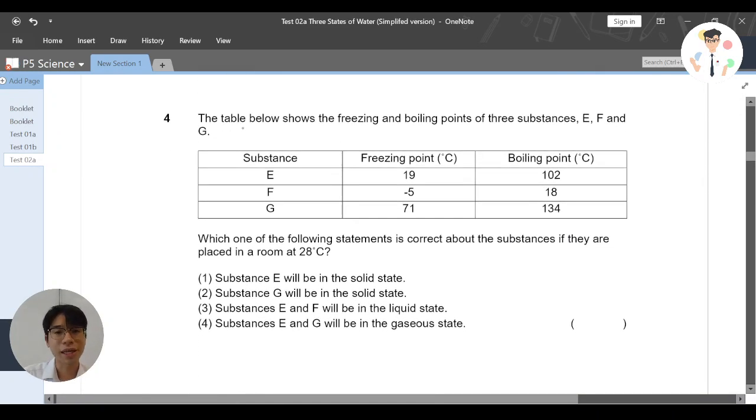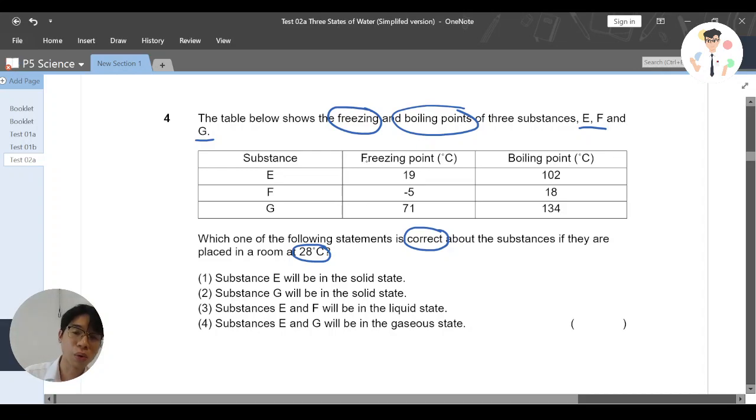Question number 4 says the table below shows the freezing and boiling points of 3 substances E, F, and G. Which of the following statements is correct about the substances if they are placed in a room at 28 degrees Celsius? Again, the first thing you should understand is if the temperature is below freezing point, it will become solid.